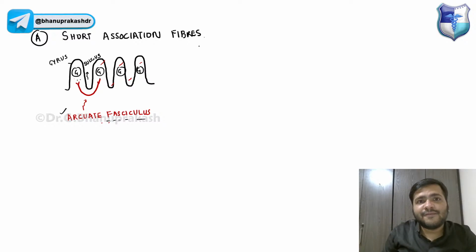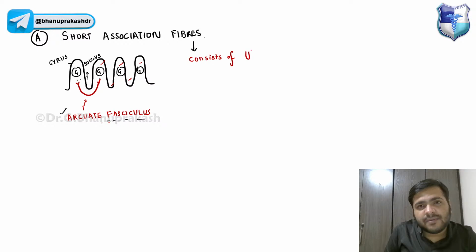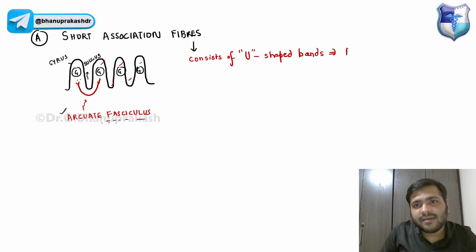So guys, if we have to write down the definition over here, you can see that this consists of U-shaped bands, and these U-shaped bands are called arcuate fibers. And where are they present?